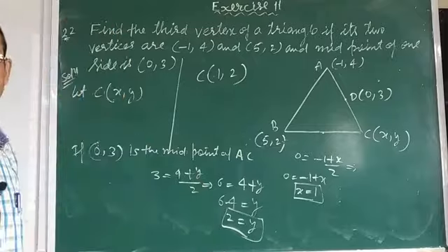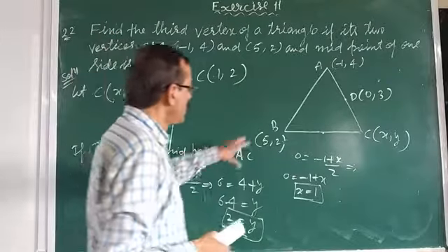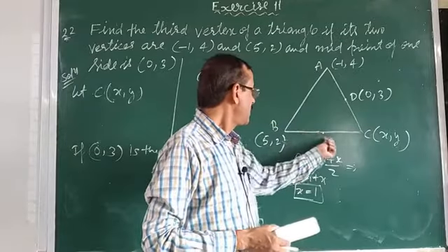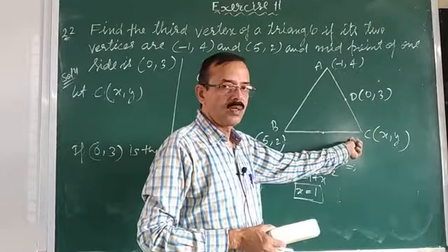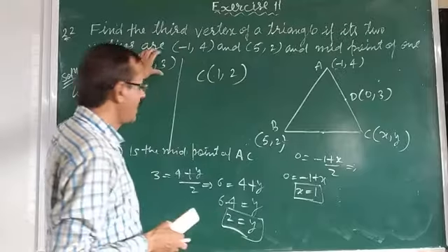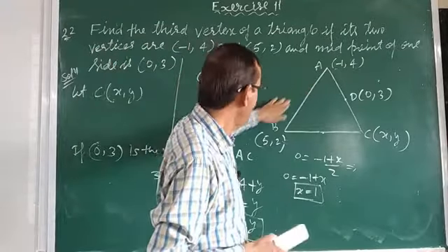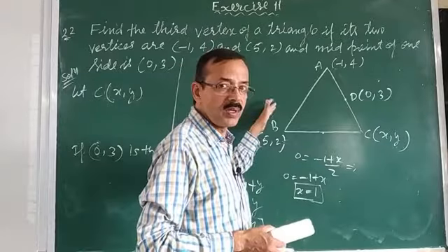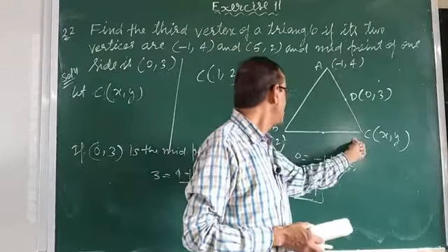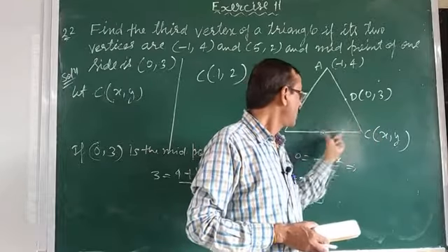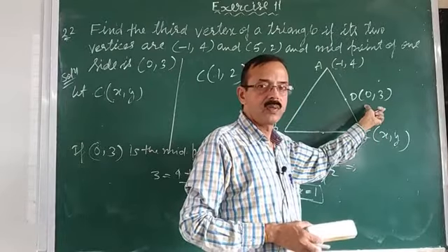So here two different answers came, because it is not given which line we take as the midpoint. So it is clear that D will not be the midpoint of AB, but it may be the midpoint of BC or AC. So in this case we have to check for both sides.